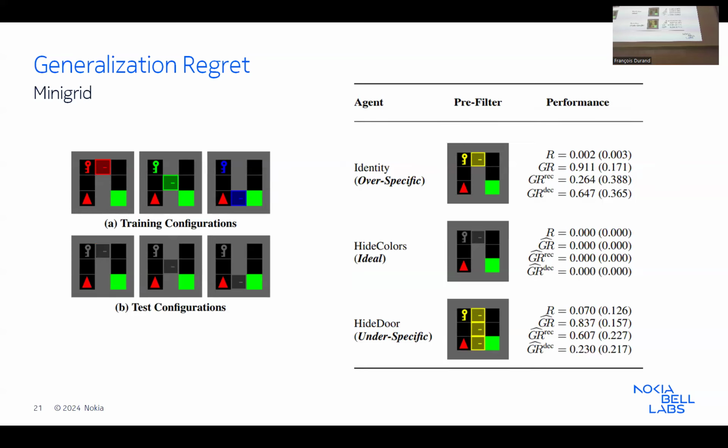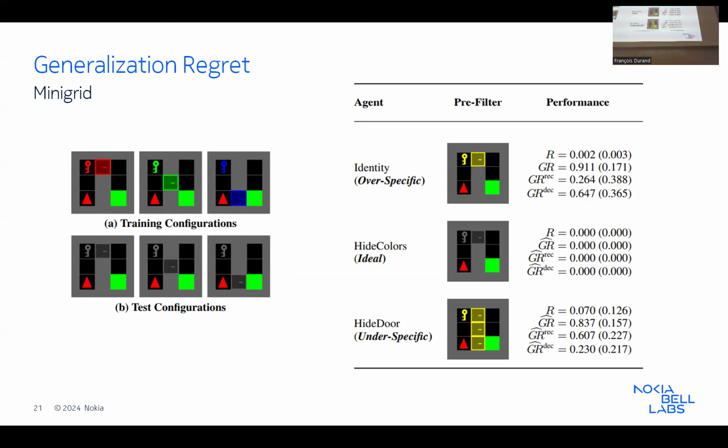The first, we just passed the state as is, along with the colors. The second, we kept the state as is, but we hid the colors. We made the colors grayscale. And lastly, we actually hid the door. So we just put a door in every place in the state.